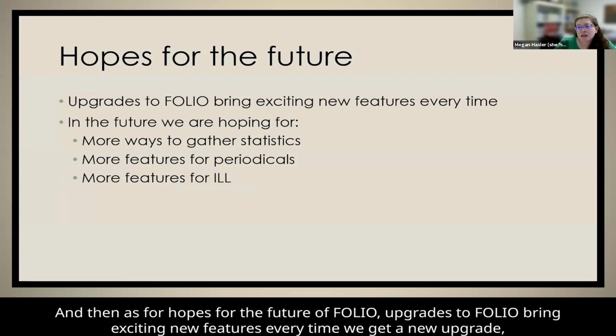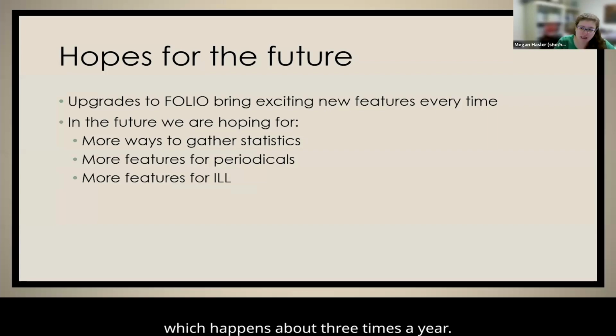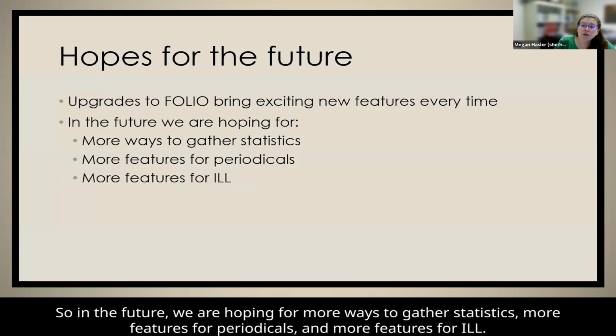And then as for hopes for the future of Folio, upgrades to Folio bring exciting new features every time we get a new upgrade, which happens about 3 times a year. So in the future, we are hoping for more ways to gather statistics, more features for periodicals, and more features for ILL.